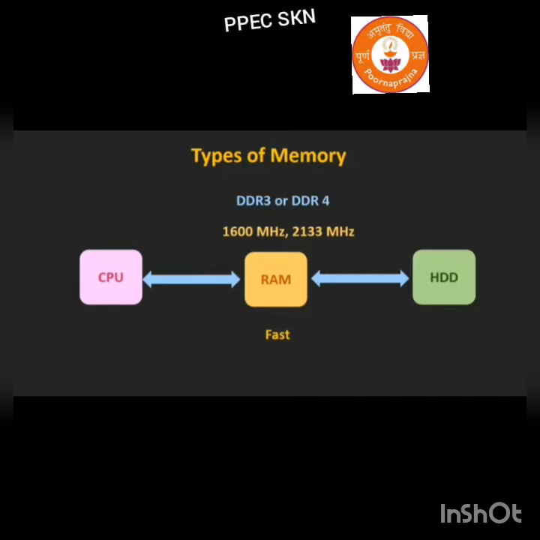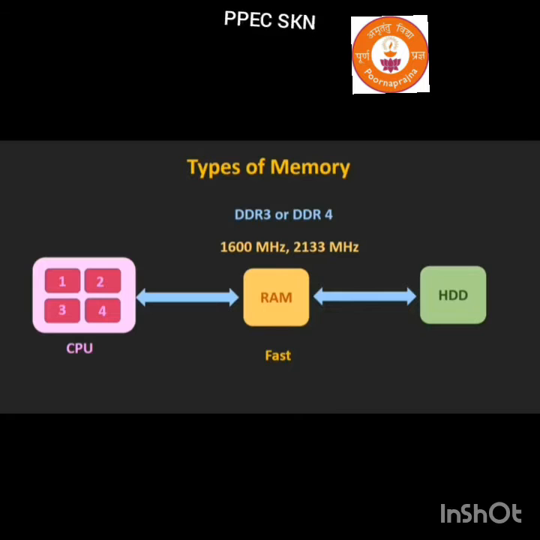But the newer generation RAM like DDR3 and DDR4 can operate at a much faster rate, like 1600 MHz to 2000 MHz and above. This is almost as fast as your CPU clock speed. So we can think that this newer generation RAM can supply data to the CPU much faster than your hard disk.